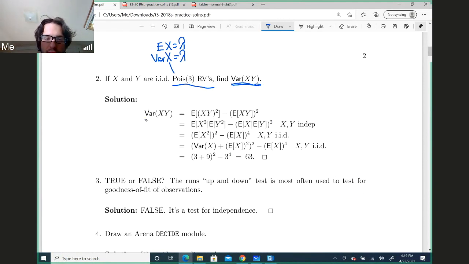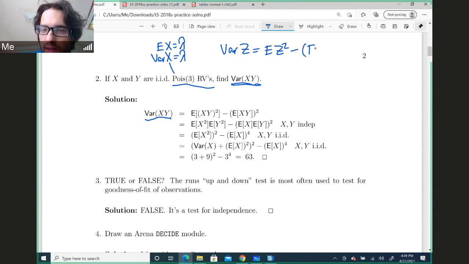So we take the variance, and we have this relationship that Var(Z) is equal to E[Z squared] minus (E[Z]) squared. Basically, we're saying that Z is equal to XY in order to be able to use this formula. So that's how we get this first line.